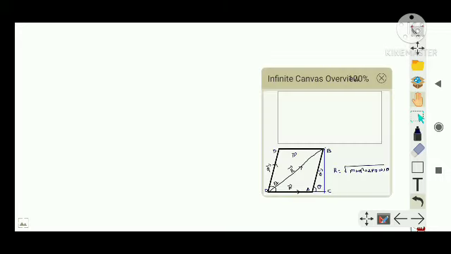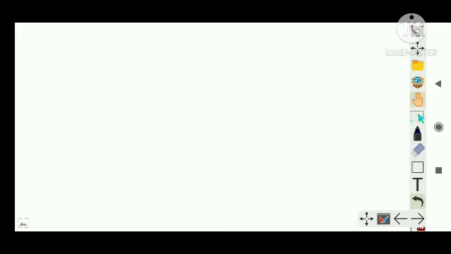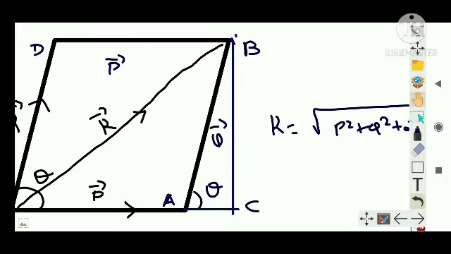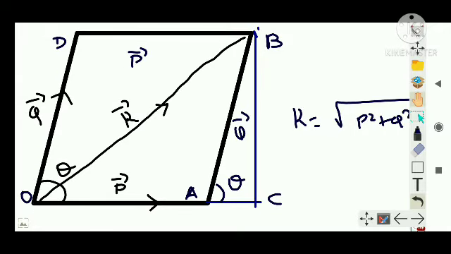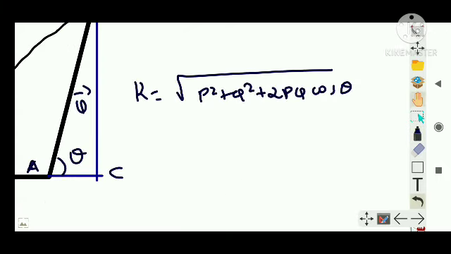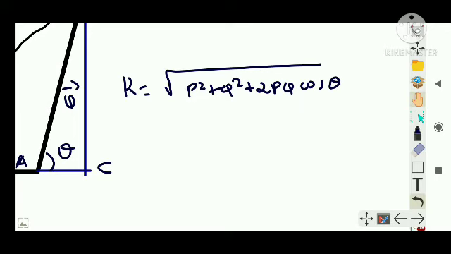To remove any problem, I have already drawn that parallelogram. See, so neat, looks good, right? This is the parallelogram which I have already constructed, where p and q are the vectors and r is the resultant of their sum. So r is equal to the square root of p square plus q square plus 2pq cos theta, which is the formula that was generated.